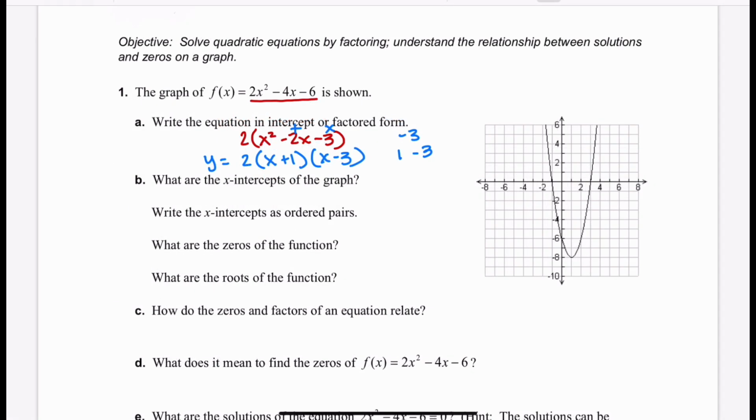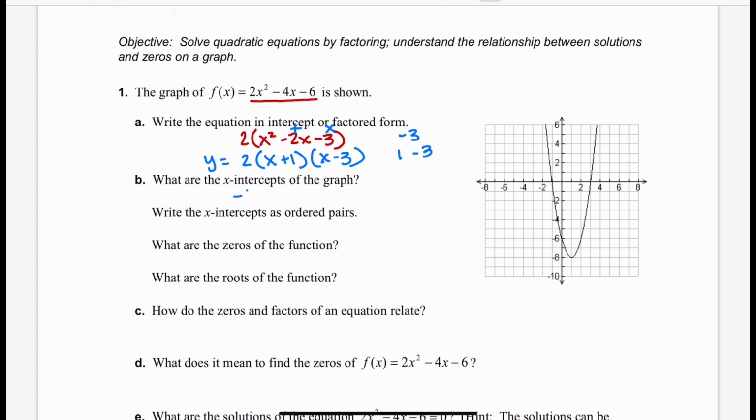So if we're looking at this graph, the first thing it's asking is, what are the x-intercepts? The x-intercepts are whatever numbers cross the x-axis. This would be negative 1 and 3, which we found from setting each of these equal to 0 if you just had the equation.